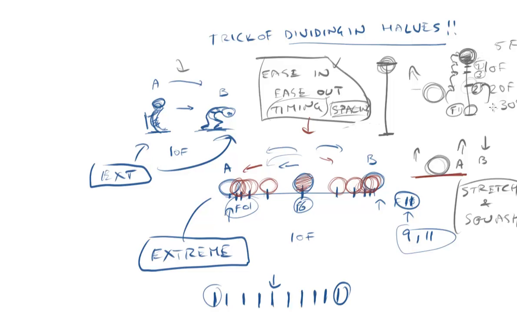Let's say we are just doing this for 11 frames up, and then it comes down to like 20 or something. So this is frame 1, and this is frame 11.